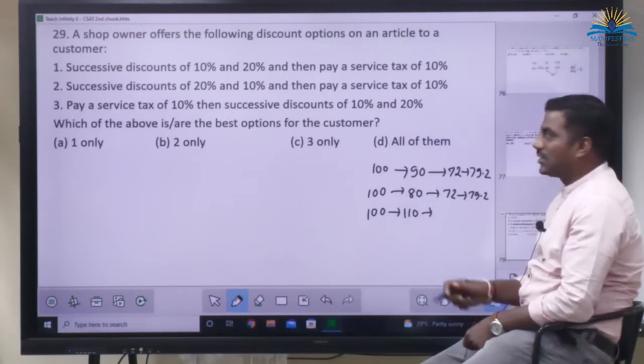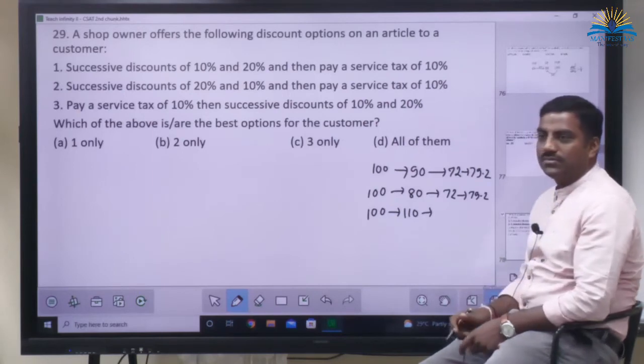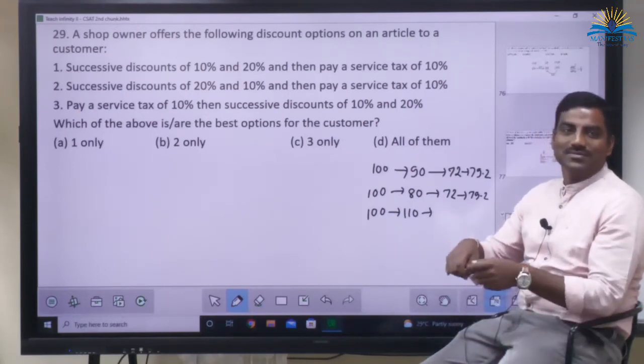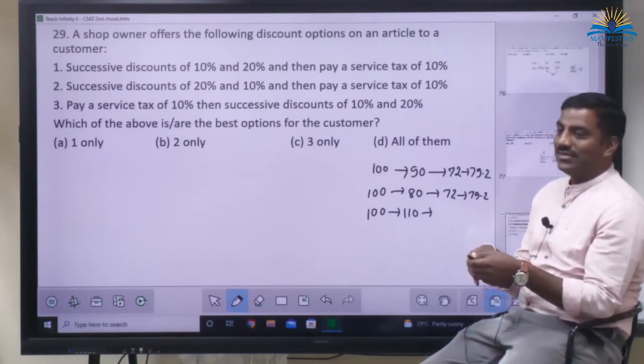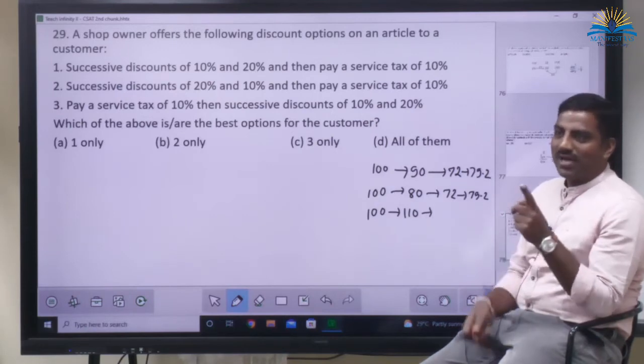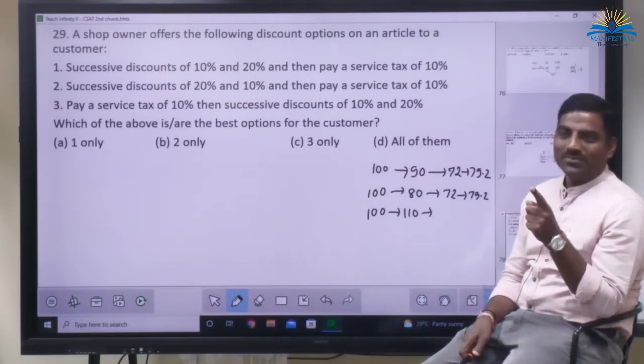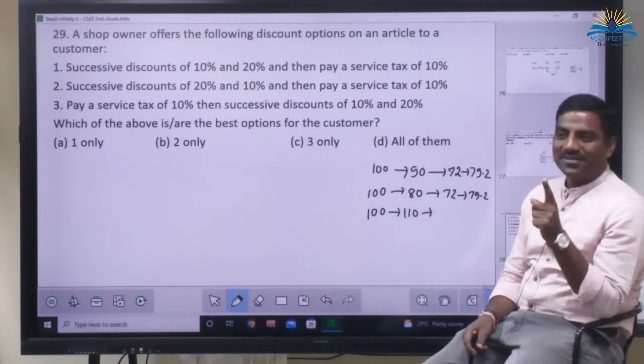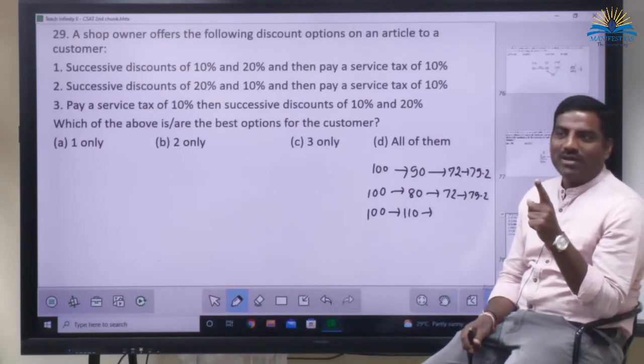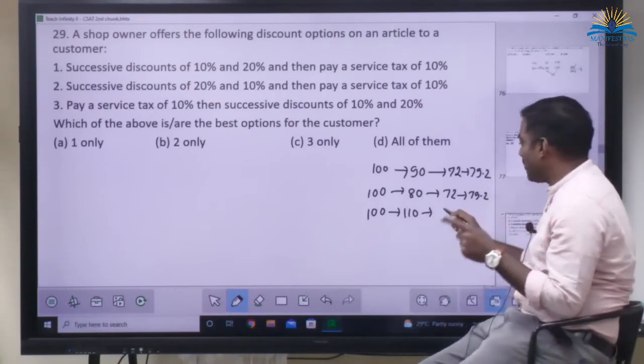Again, 10% discount on this. I have told you, you take time. 10% on 110 is what? 11, no? 10 or 11. So what is the price?